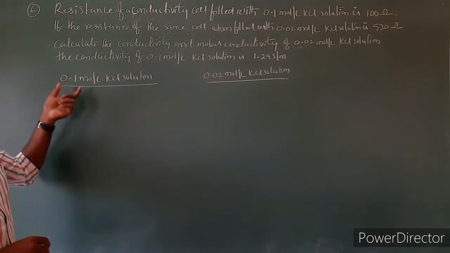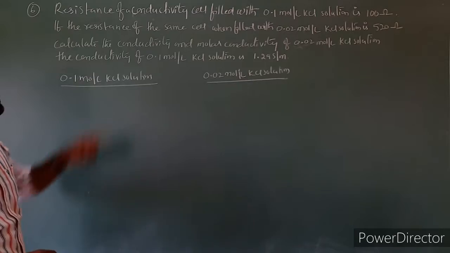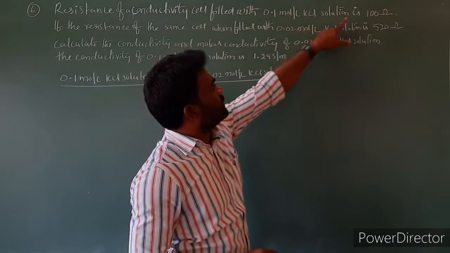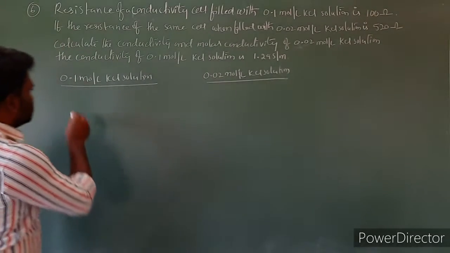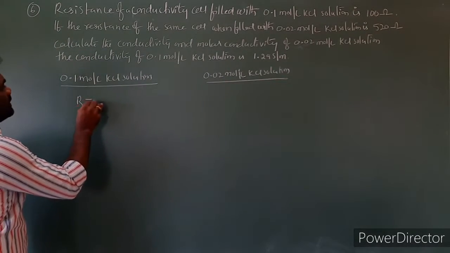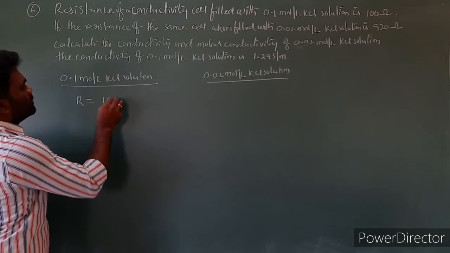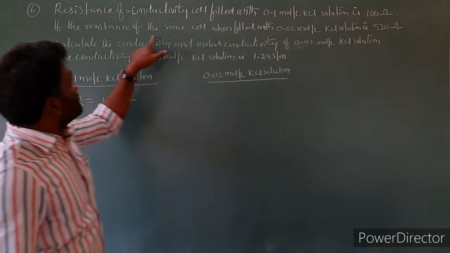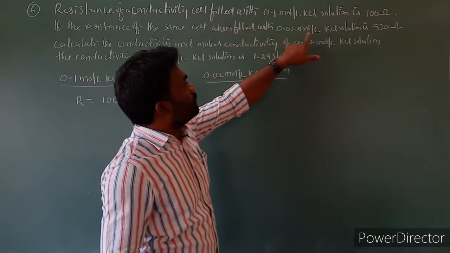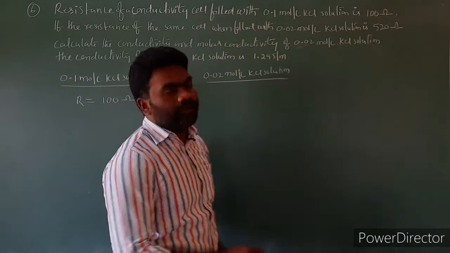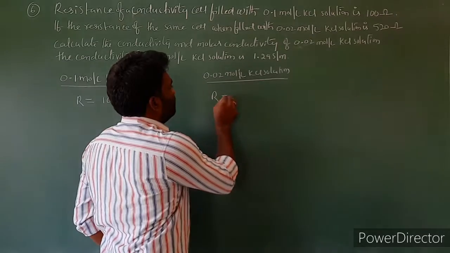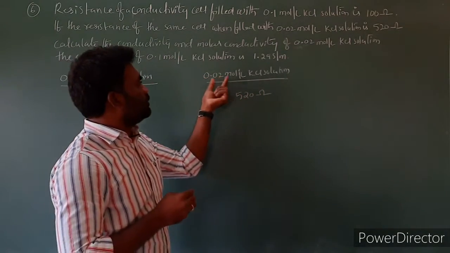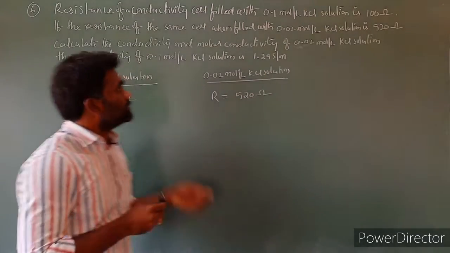First write the statement regarding 0.1 mole per liter KCl solution. The resistance of the conductivity cell filled with 0.1 mole per liter KCl solution is 100 ohms. R is equal to 100 ohms. And the resistance of the same cell when filled with 0.02 mole per liter KCl solution is 520 ohms, already given.